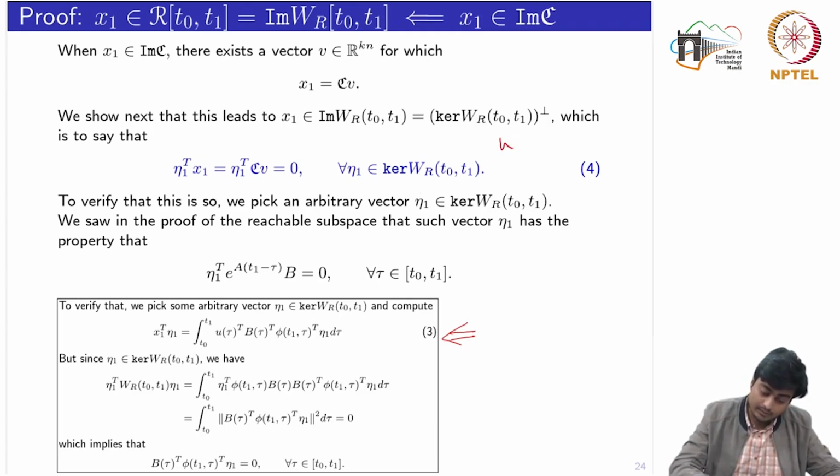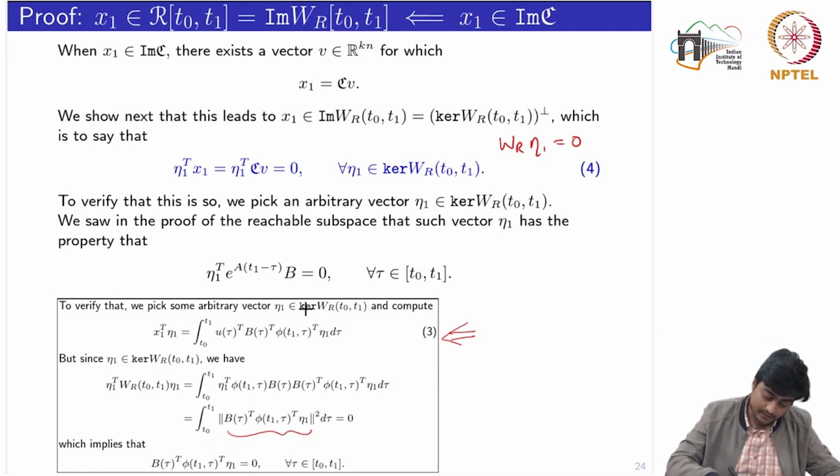Which means that WR eta 1 should be equal to 0. By using that property we have implied that it is equal to 0, and this is only possible if this matrix is 0. So I will borrow this part.